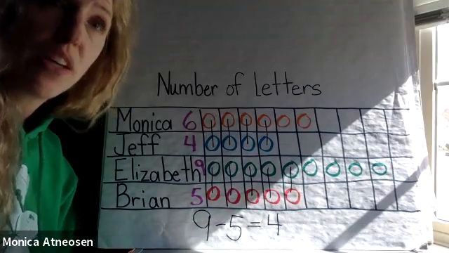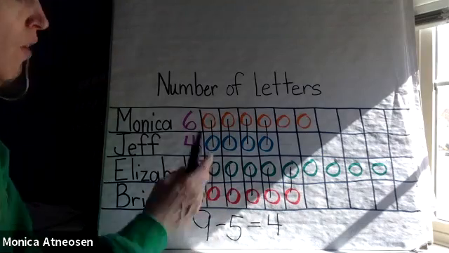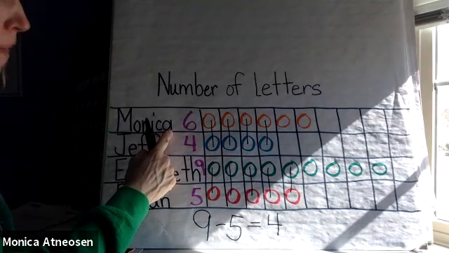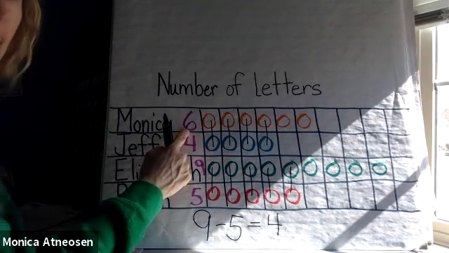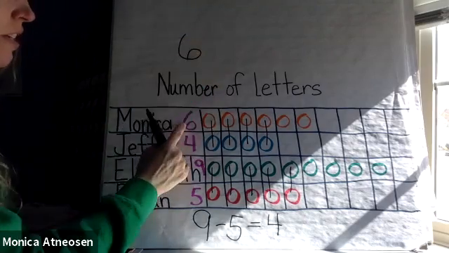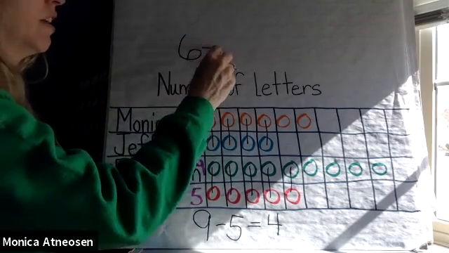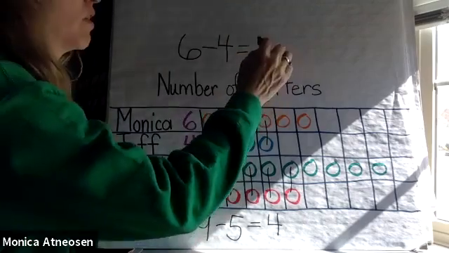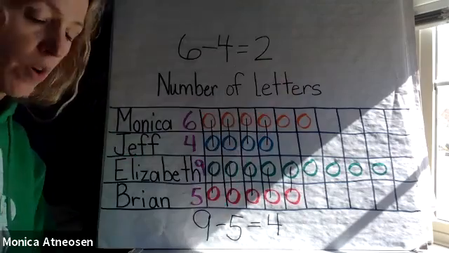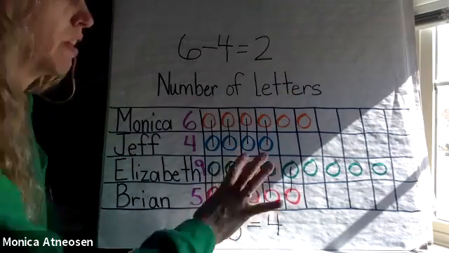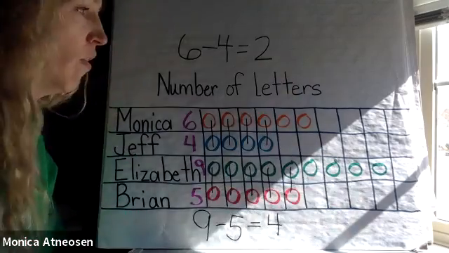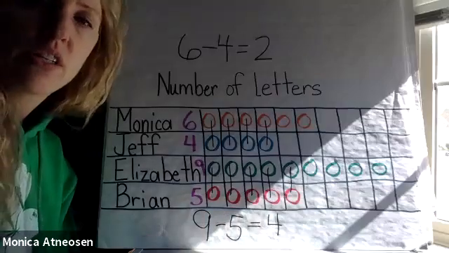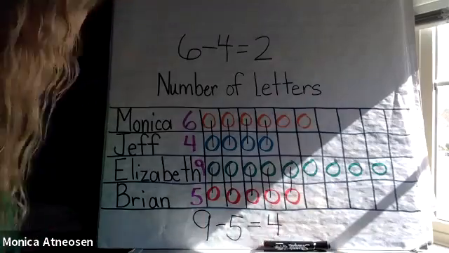That's an easy way to do that trick also. Or we could look at mine and say, I have 6, Mr. Atnison has 4, 6 minus 4 equals 2. So we're asking those questions. We can look at our picture to figure it out, or we can use subtraction to figure it out too.